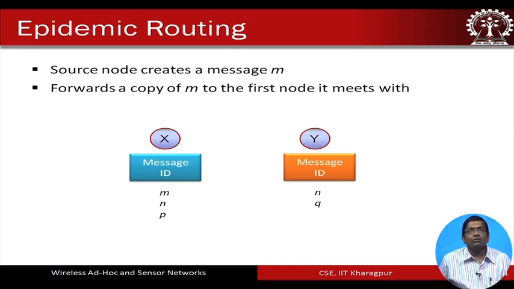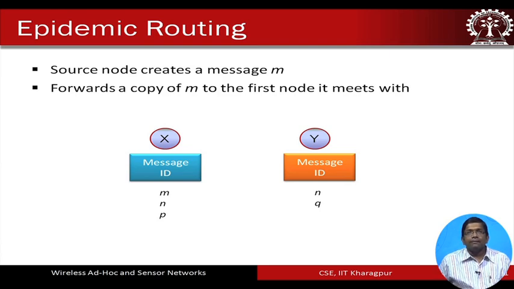Now, let us look at epidemic routing. This is a very fundamental form of routing in OMNs. As we can see in the figure in front of us, we have two nodes x and y. The source node x has to forward the message to node y.